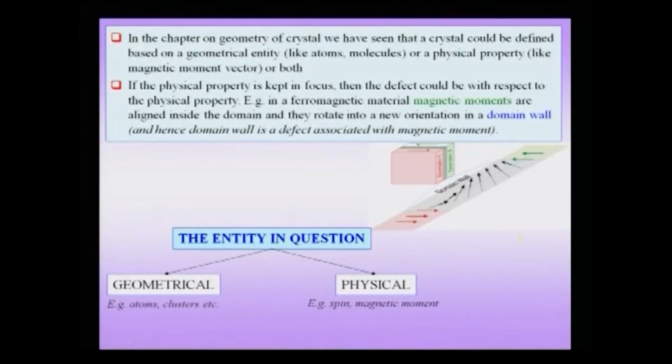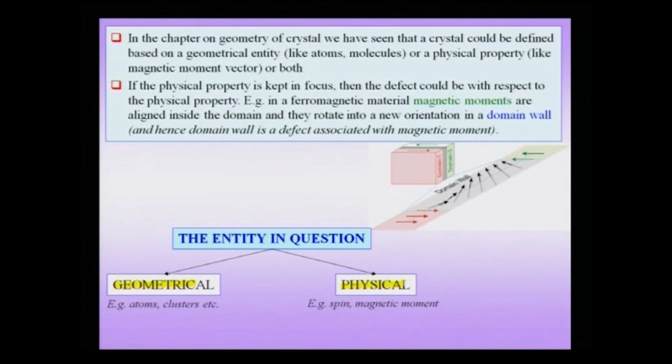Last but not the least, let us consider how a defect can be classified based on a geometrical entity or a physical property. When I am talking about, for example, a domain wall in a ferromagnetic material, the domain wall is not defined with respect to the crystal structure. It is defined with respect to the magnetization or the spin vector in the magnetic domain.